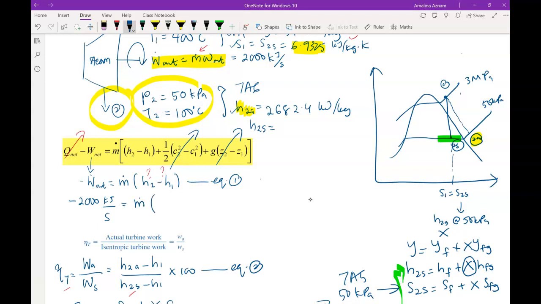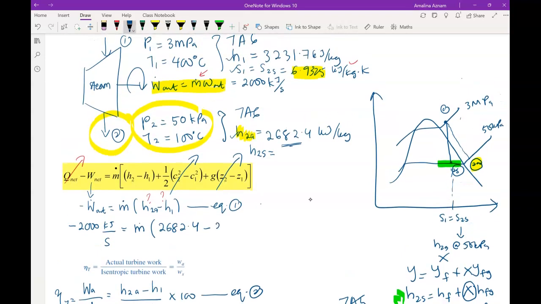And now your h2 is actually the actual one, right? This value over here. So you are going to have 2682.4 minus your h1 up here, 3231.76, and the unit is in kilojoule per kg. So this one is in kilogram per second.